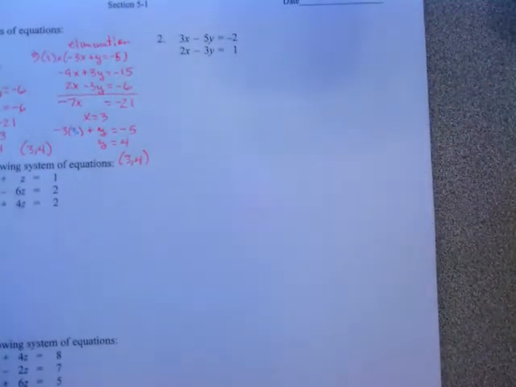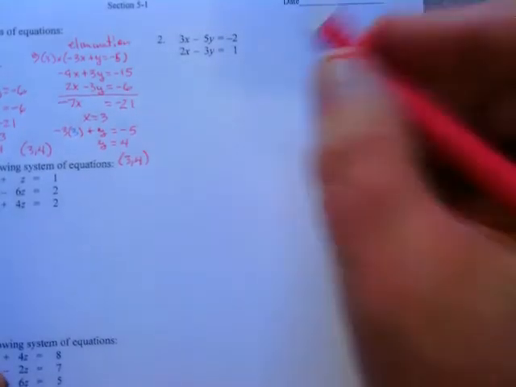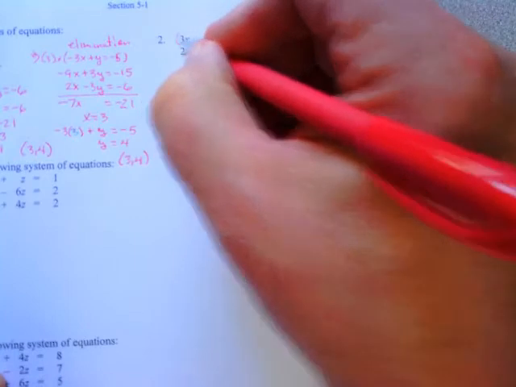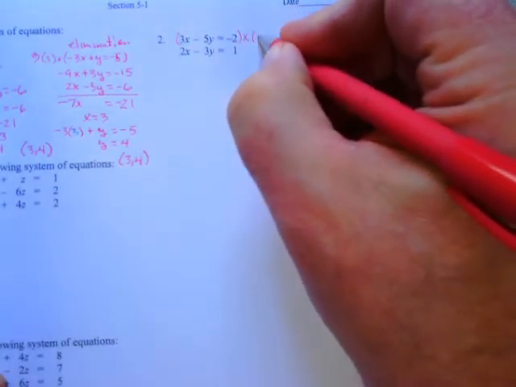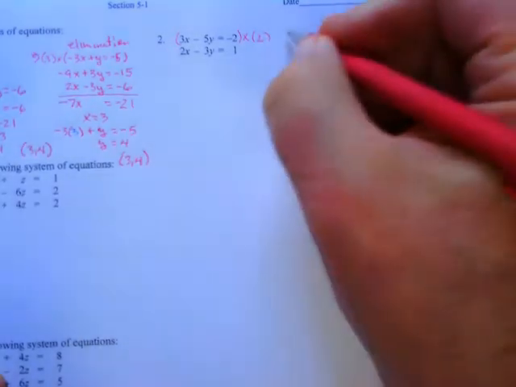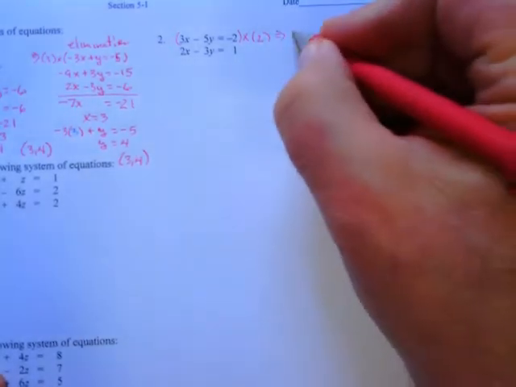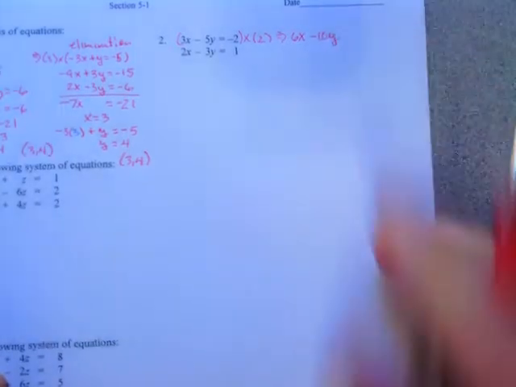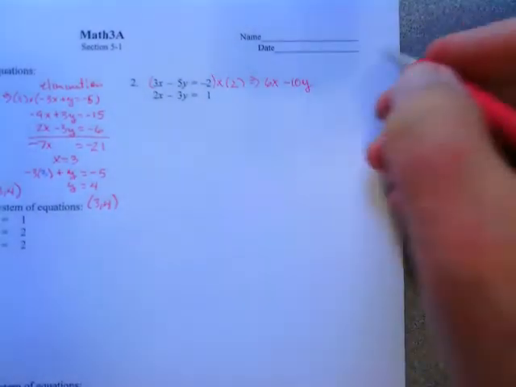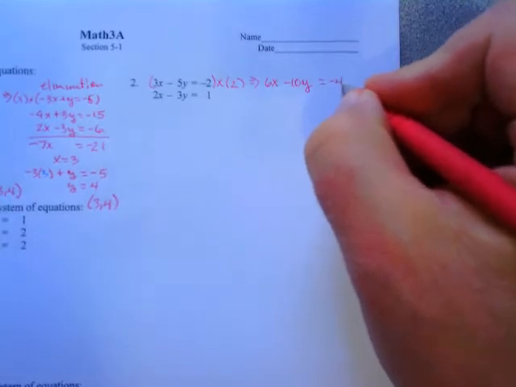And again, the goal is to make one of the variables match, one positive, one negative. So I'm going to take the top one and multiply everybody by 2. That would give me 6x subtract 10y equals negative 4.